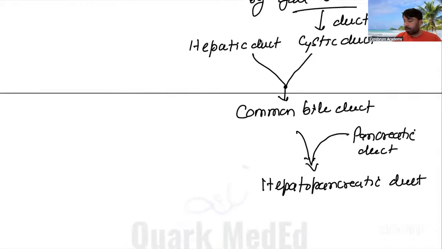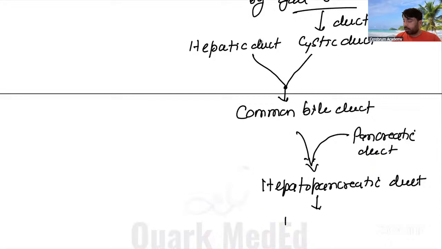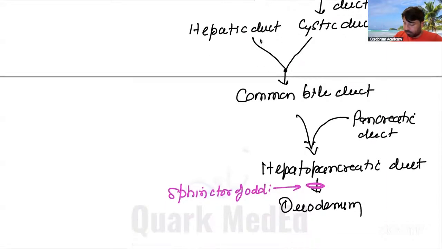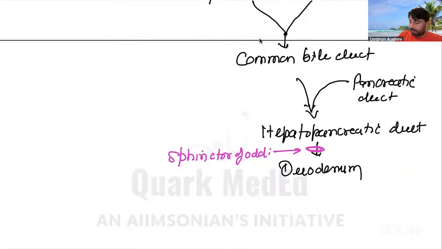I have shown this in the diagram. The hepatopancreatic duct opens into the duodenum, and when it opens into the duodenum, it has a sphincter called the sphincter of Oddi. Next heading, we will discuss pancreas.